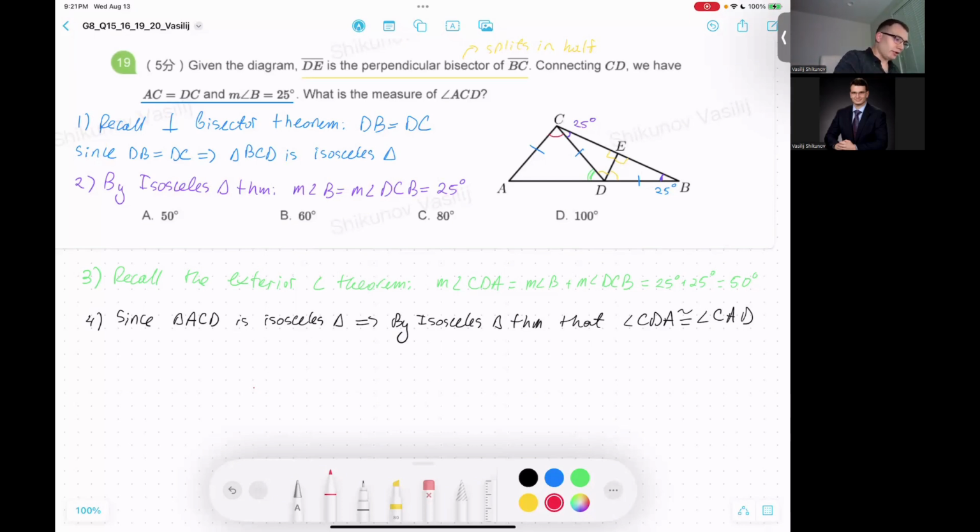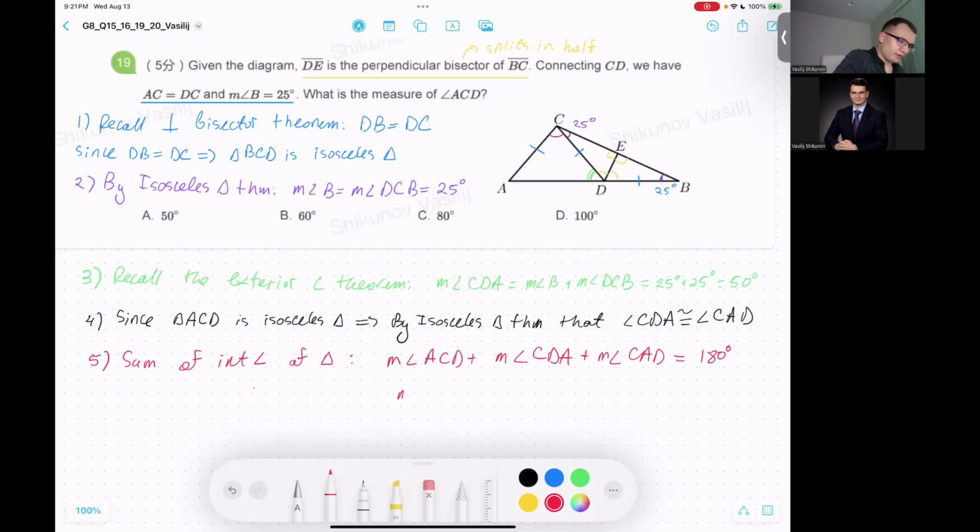The sum of interior angles of a triangle is going to be measure of angle ACD plus measure of angle CDA plus measure of angle CAD is equal to 180 degrees.